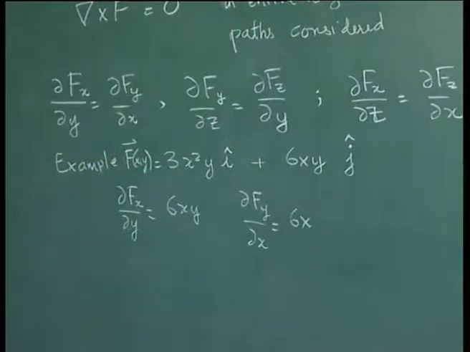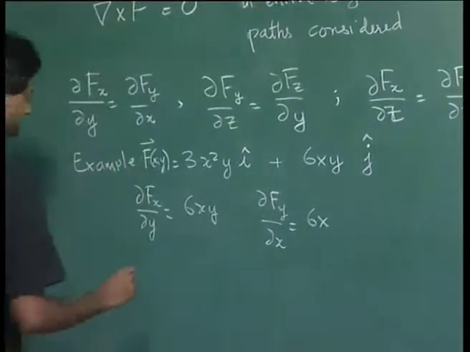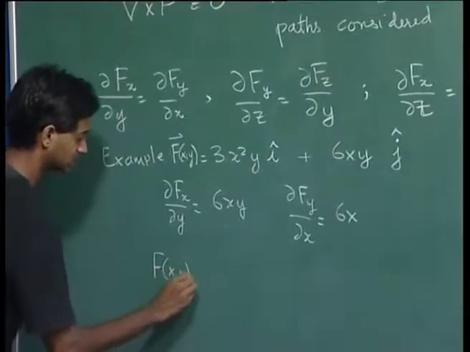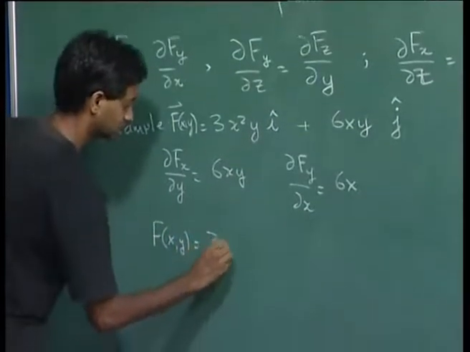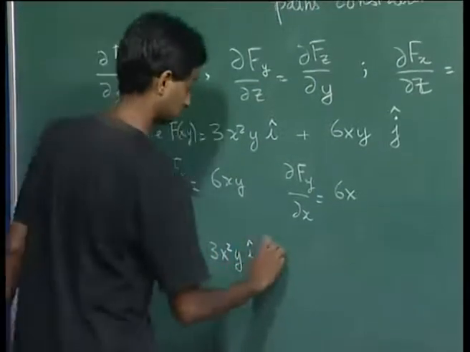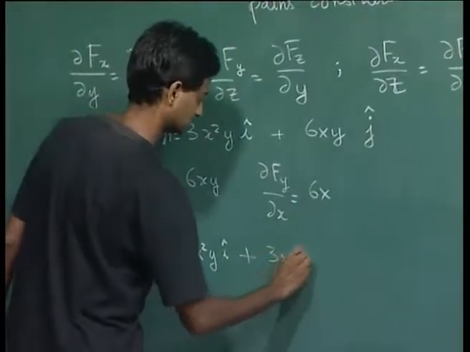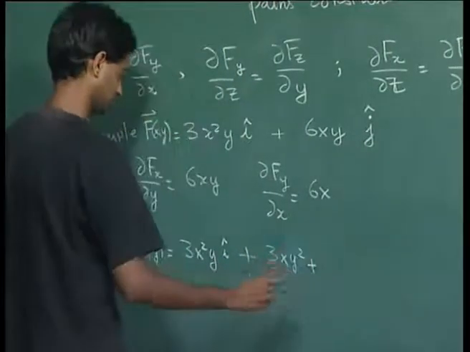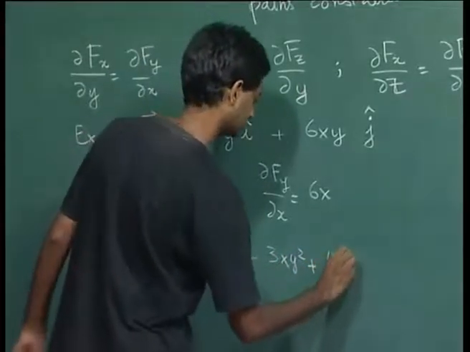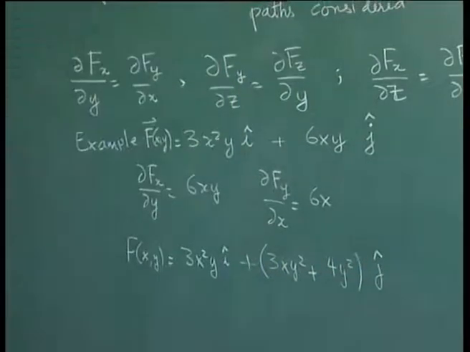On the other hand, if you had f of xy is equal to 3x square y plus something.